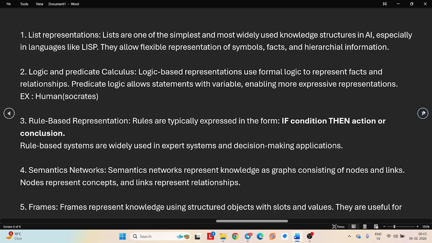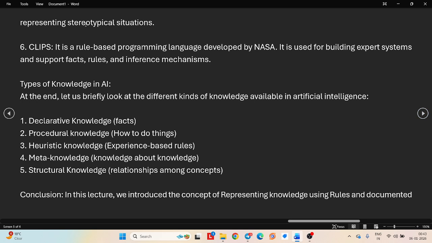They are useful for representing stereotypical situations. Then we have CLIPS. It is a rule based programming language developed by NASA. It is used for building expert systems and supports facts, rules and inference mechanisms.